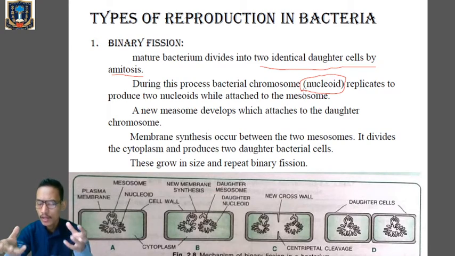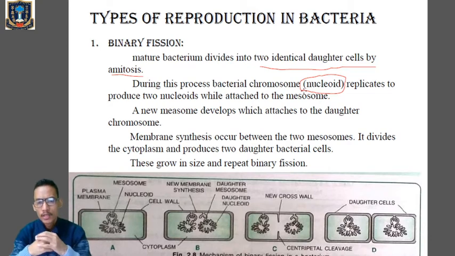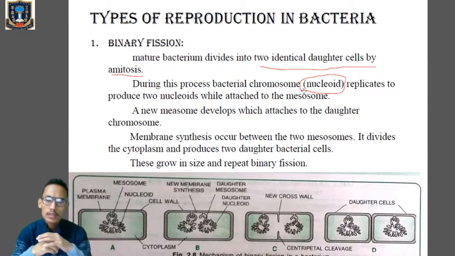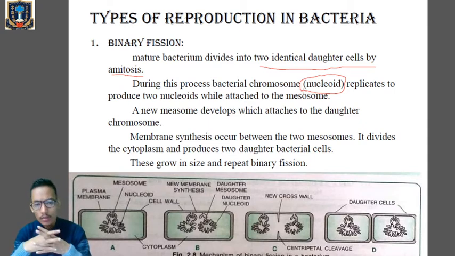But in case of eukaryotes, we have a well-defined nucleus, so the chromosomal material will be packed inside the nucleus in a structure known as nucleosome, along with the basic histone proteins that you have done in class 10. Clear? You have heard the word nucleosome and the word histone.